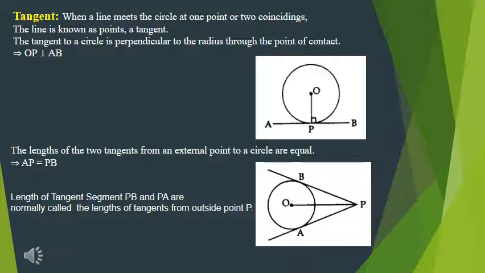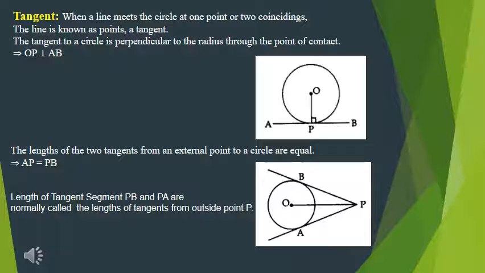Students, look at the figure and observe one thing. There is a line which we call a tangent to the circle, that is AB, which meets the circle at a point P and is perpendicular to its radius, or we can say the radius is perpendicular to tangent AB.